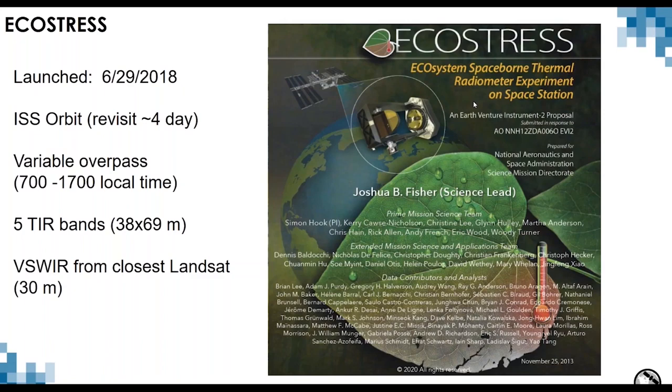Because of the orbit of the International Space Station, we have a variable overpass anywhere from 7 a.m. to 5 p.m. local time. So it allows us to look at thermal signatures during different parts of the day. This is important because from an agricultural standpoint, we might look at stress occurring in the late afternoon that we wouldn't necessarily see from a late morning observation in Landsat. Those are some of the science questions we're trying to ask.